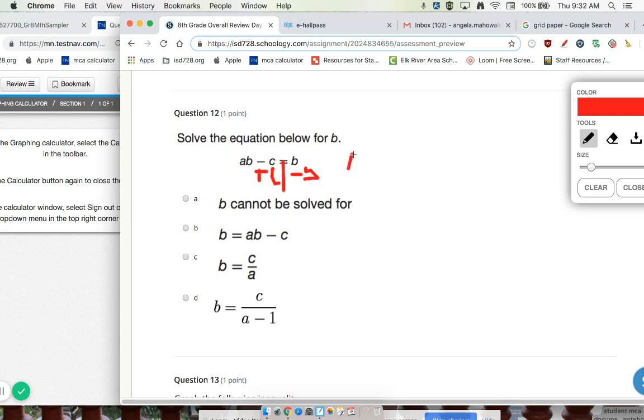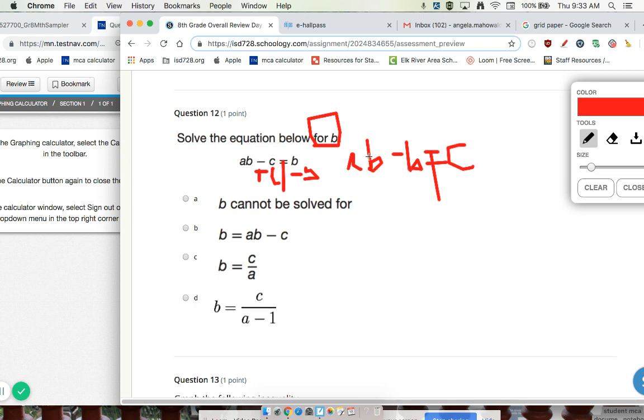So now on the left side, it will be ab minus b, equals, and then I moved that c over by adding c, so now my c is over here. Again, my purpose for that is because I want b by itself, and so I need to get it together. So now it looks like I have b on both sides, which means it's being shared.